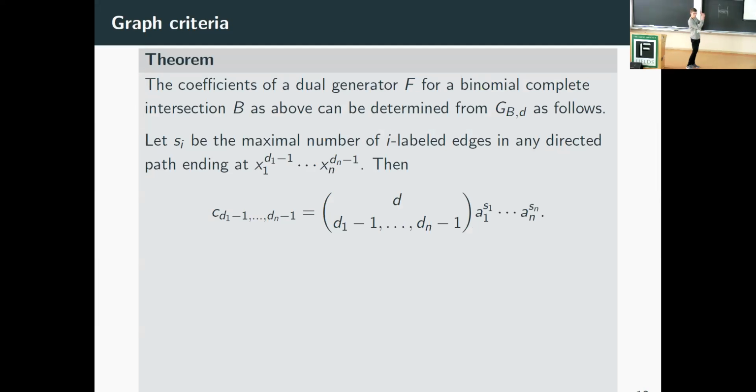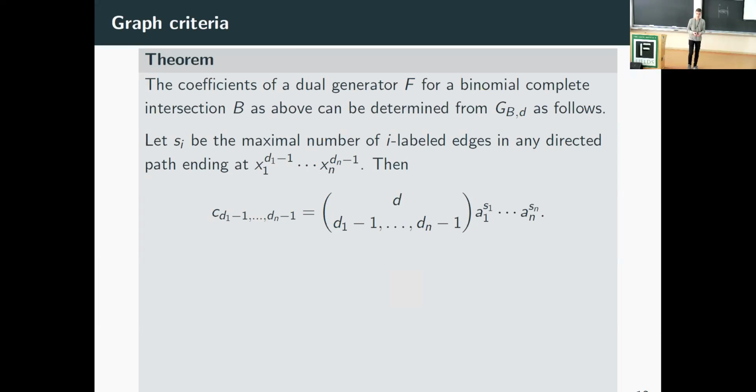So say we want to determine the coefficients of f here, and b is our binomials of normal form as usual. Then the coefficients can be determined from the reduction graph GBD as follows.